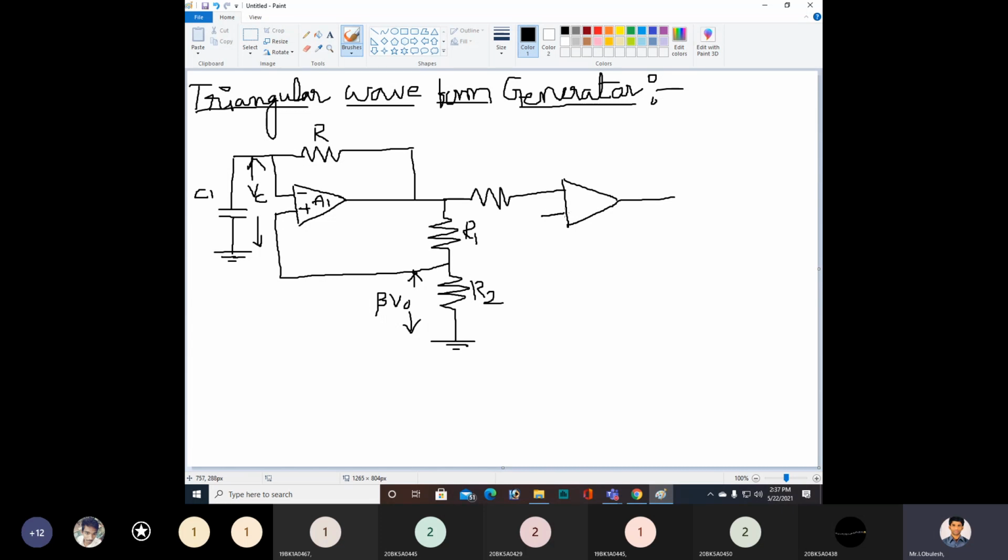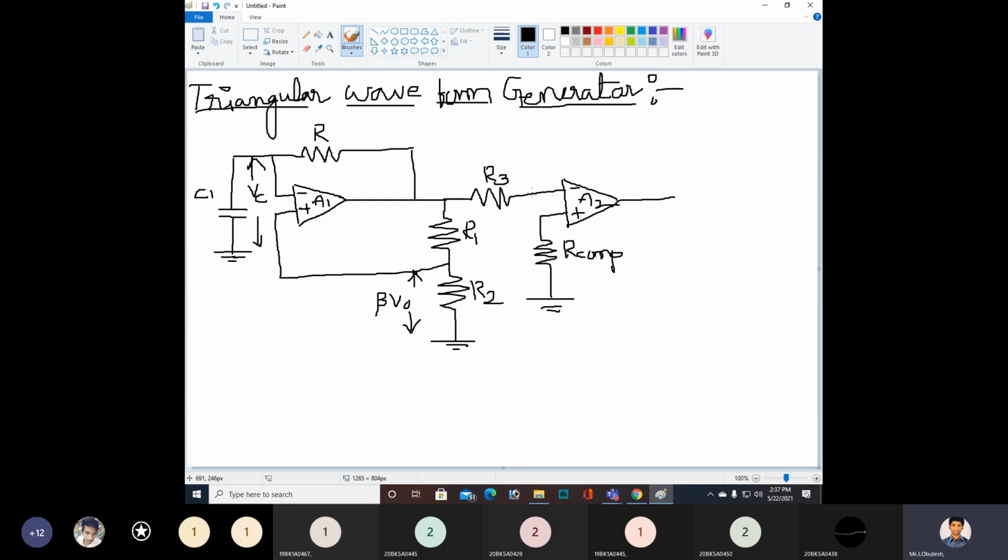Here we have a compensating resistor connected to the non-inverting input terminal of the op-amp. This is the compensating resistor. This is op-amp 2, resistor R3.